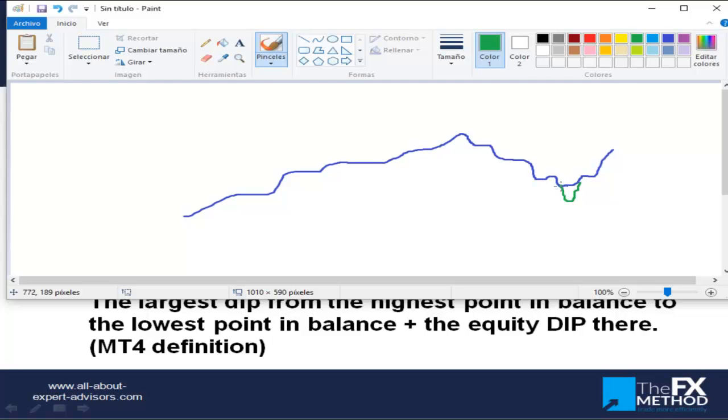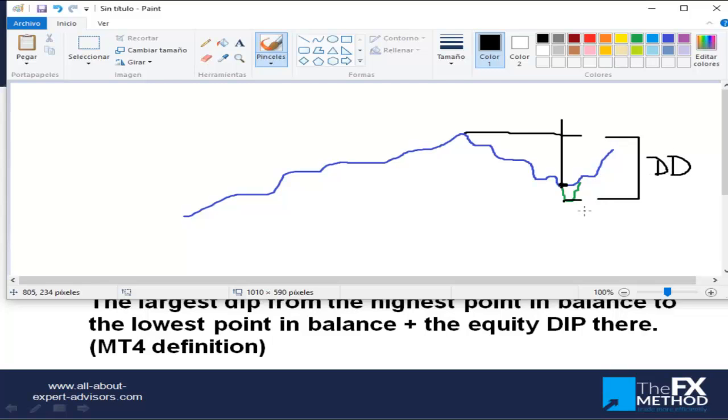First of all, you need to take the lowest point in the balance curve, which is this one, right? And from there, check if you had any trades open that floated against you, and that would be the measurement of MetaTrader. That's drawdown for MetaTrader. Many people don't know that.